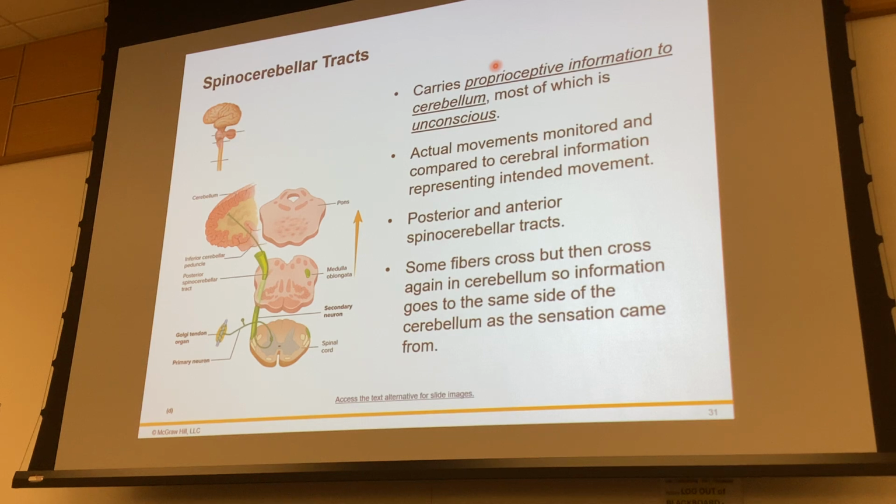The spinocerebellar tracts will send signals to the cerebellum, and there are proprioceptors there. For instance, the Ruffini end organ is associated with the stretch receptors within a muscle, and they will send signals to the spinal cord and then the cerebellum, telling your body, oh, you're standing on your right leg, you have your left leg up. Obviously that's unconscious. You don't think about that, you just do it.